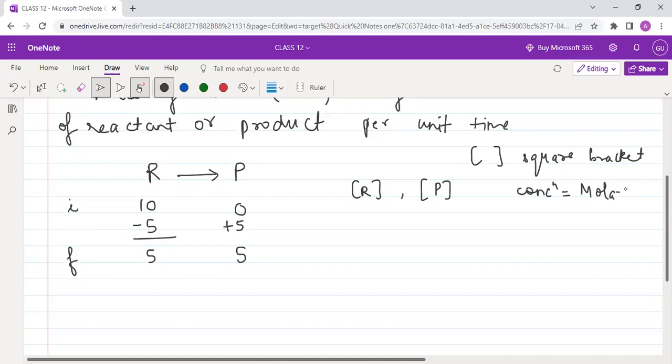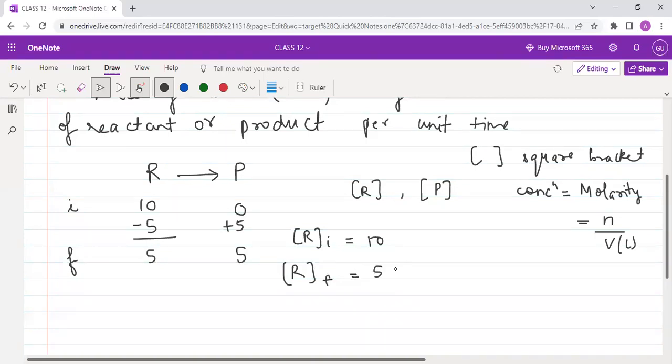And what is molarity? It is the number of moles per unit volume, and the volume of solution is taken as liter. So suppose the initial concentration of R, written as [R]i, is 10, and the final concentration of R is 5.